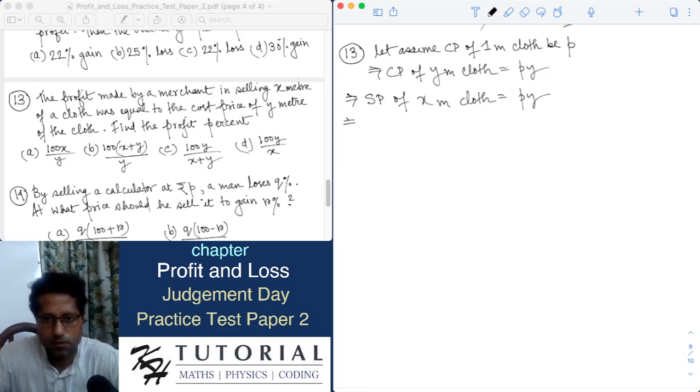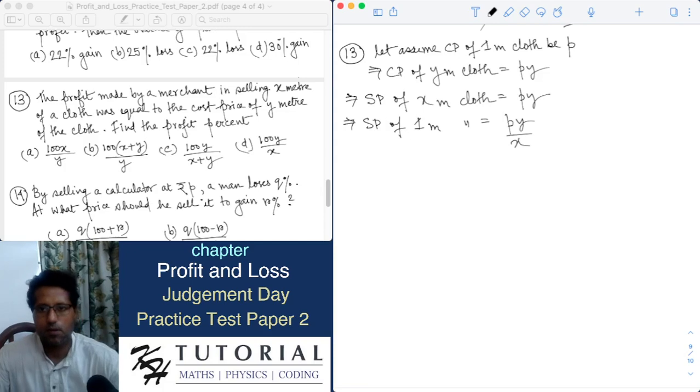Now this implies the selling price of 1 meter of cloth will be equal to P into Y by X. So we will find the profit percent based on 1 meter of cloth.